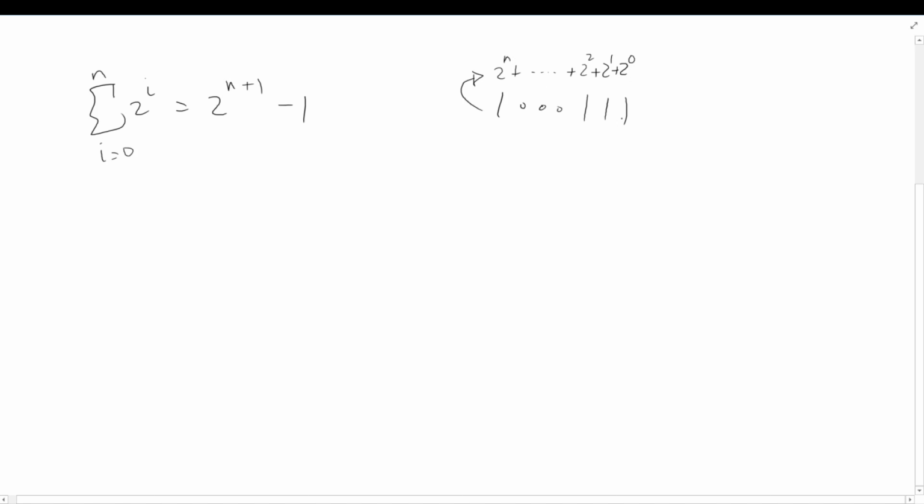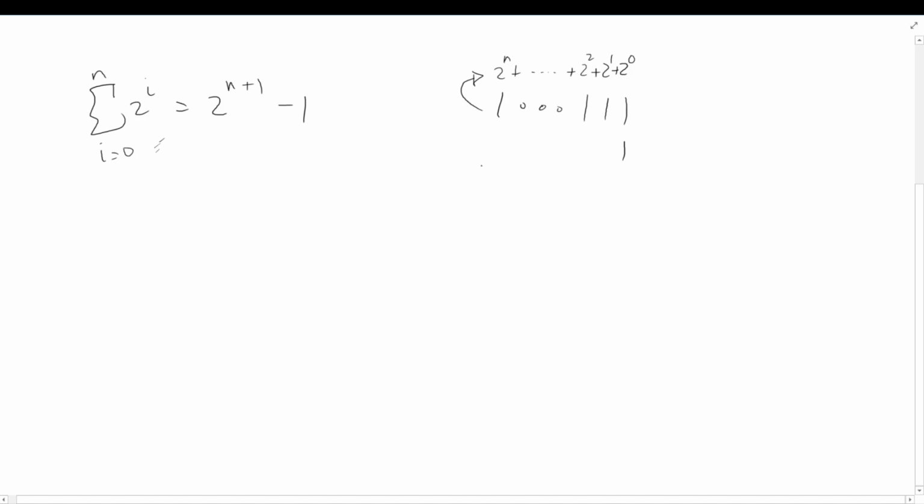Then this number in binary is actually equal to this sum, because it's 1 times the 2^0 place plus 1 times the 2^1 place, and so on. So this sum that we're trying to figure out is actually this number in binary. If we know what this number in binary is, we know what this sum is. I don't know what this number is in binary, but follow me with a little trick.